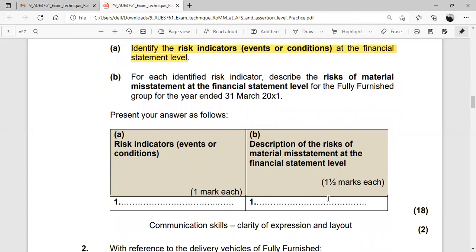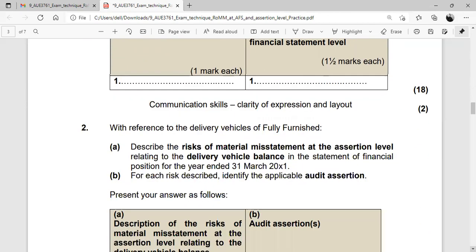In the first column, you have risk indicators, so these are the indicators at financial statement level. And then in the second column, we are expected to describe, to substantiate the risks that we have identified.